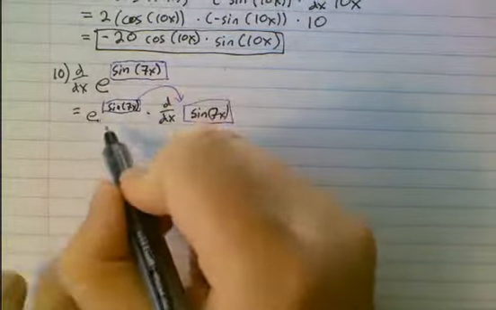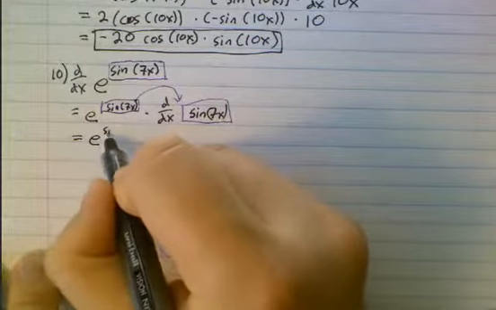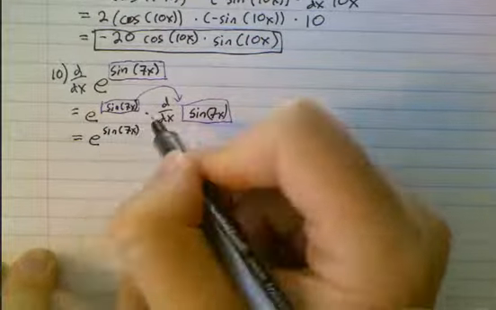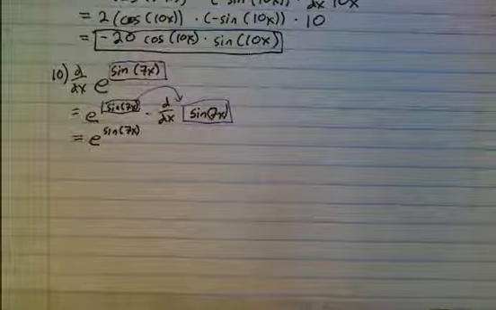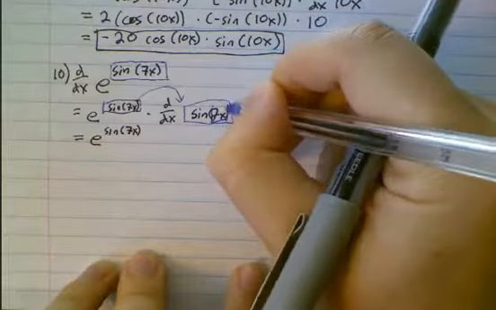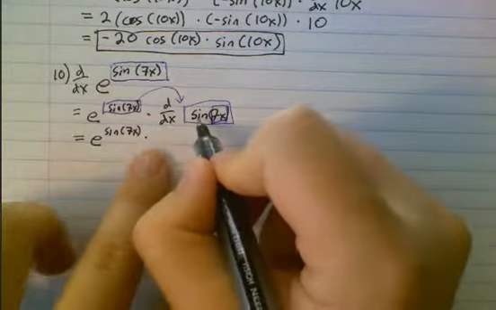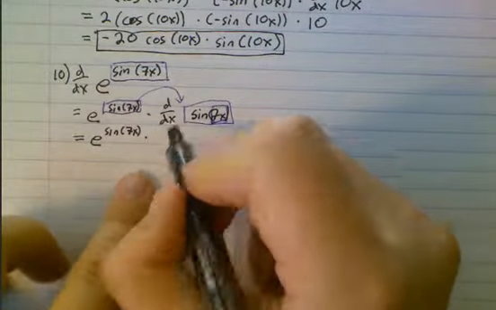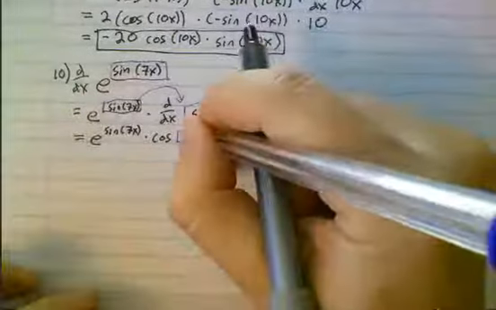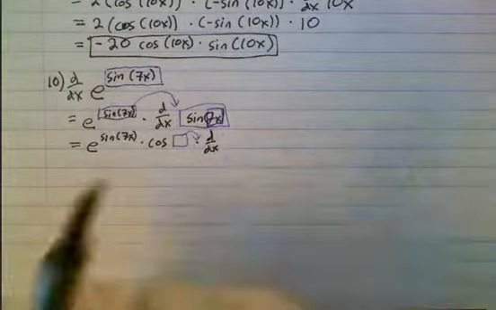Now this part's done, it's just along for the ride. We're only going to be working with this part. And now when I come over here, I can see that here, sine of, there's another box right there. So I'm going to do the derivative of sine, which I know is cosine, but it's cosine of what's in the box times the derivative of the box.